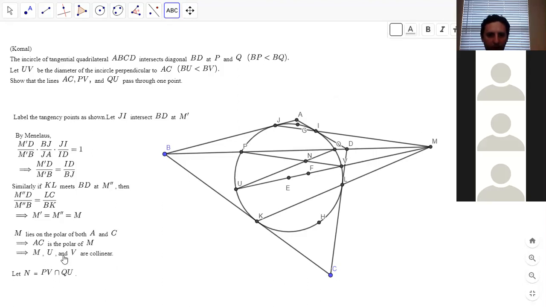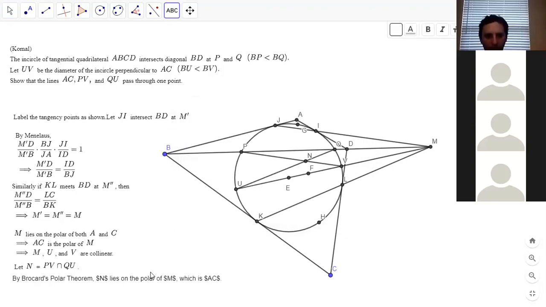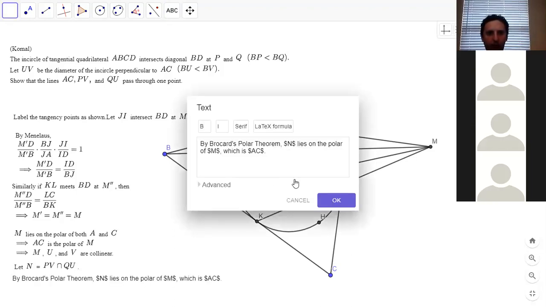By Brocard's polar theorem, N lies on the polar of M, which is AC. So that solves it. So then AC, PV, and QU all pass through N.